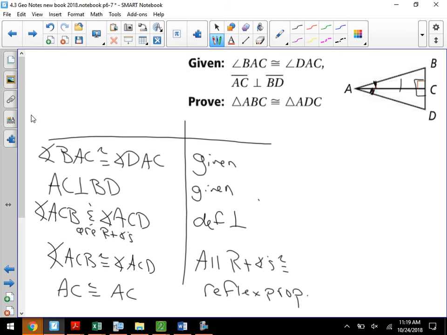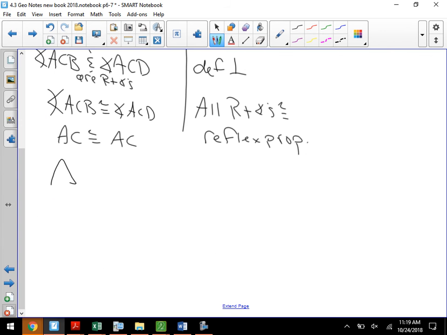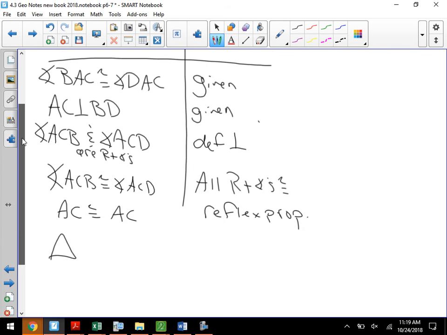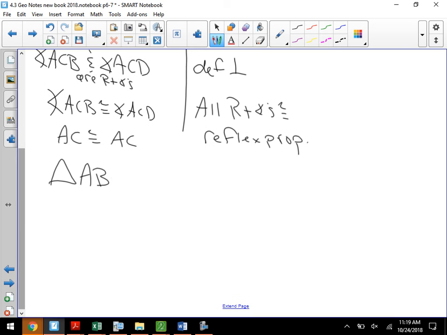You've got two angles and the side in between. Angle, side, angle. Two givens, one progression, reflexive, done.